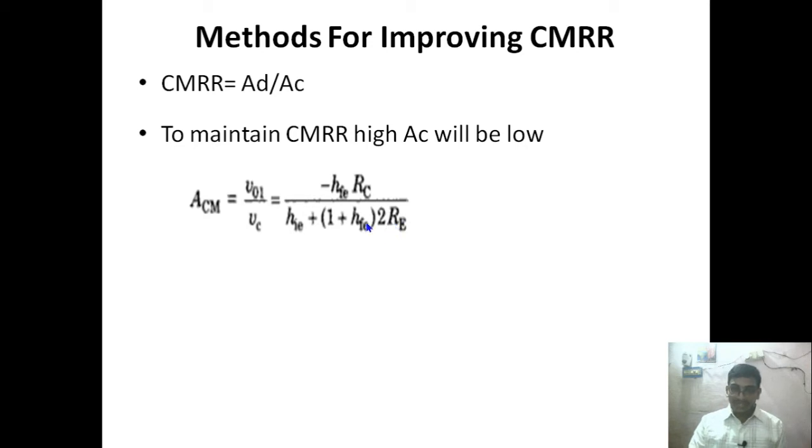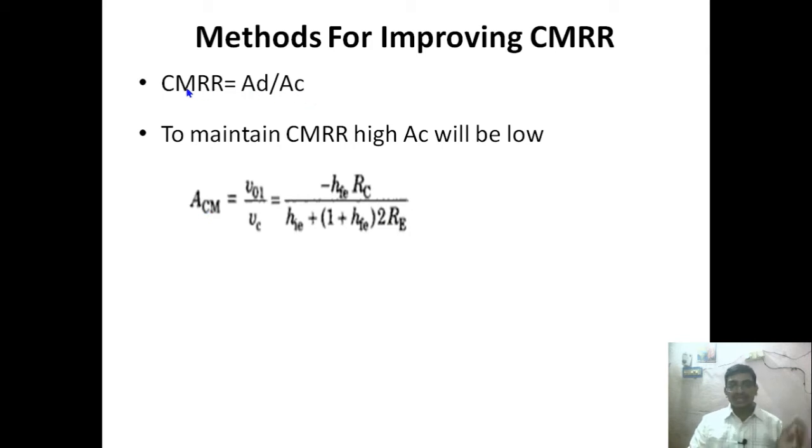So if we maintain RE as large as possible, then we can get ACM as a low value. As the value of RE is large, we get low ACM. If the ACM gain is less, then we get more CMRR.